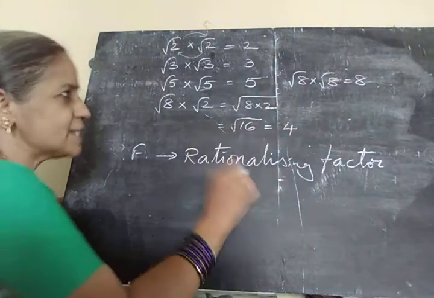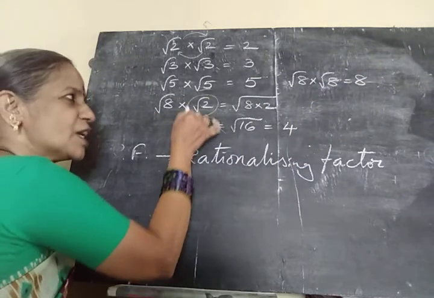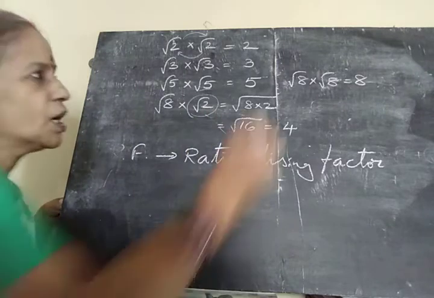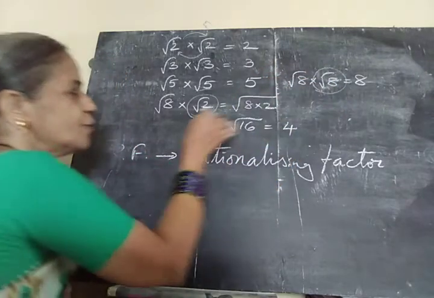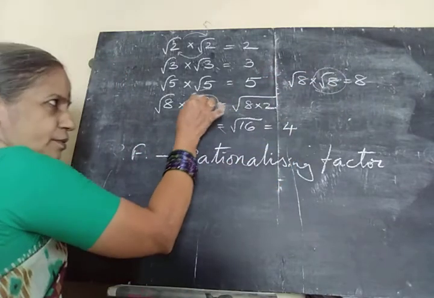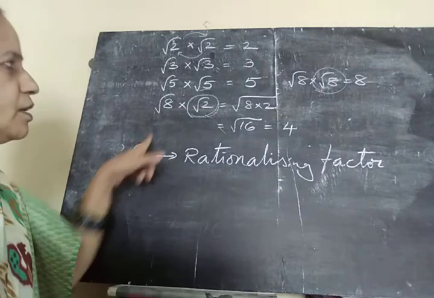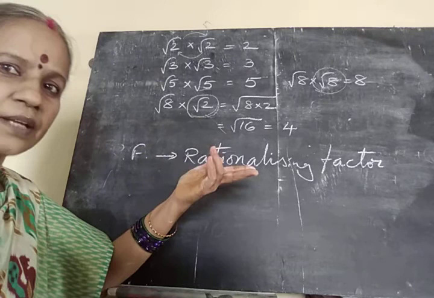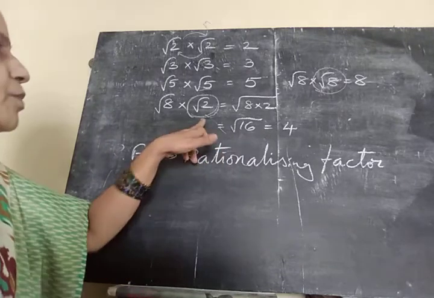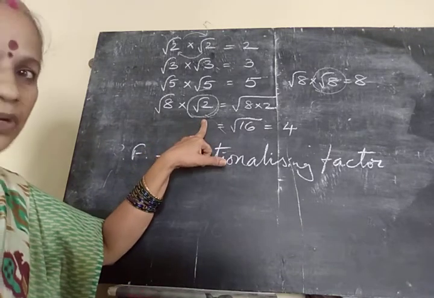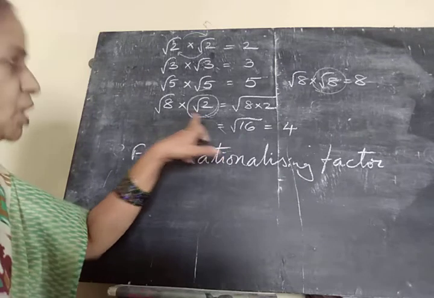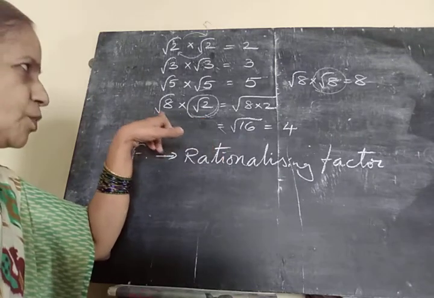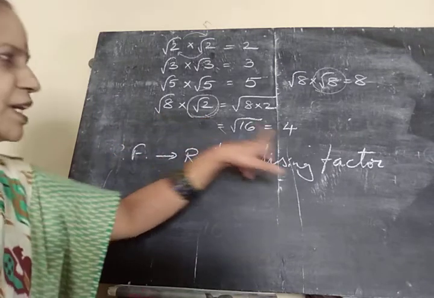Okay, but here root 2 is the smallest one. Many rationalizing factors can be there, and among them you have to take the least one as the RF. So when we multiply root 8 by root 2, we will get a rational number.